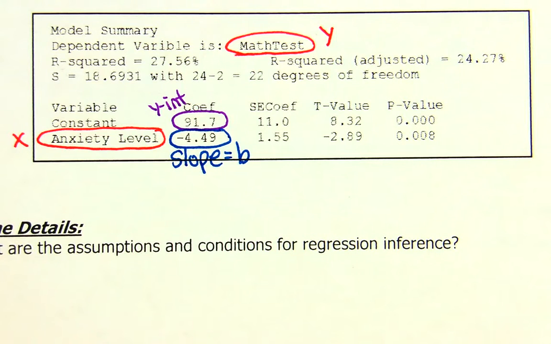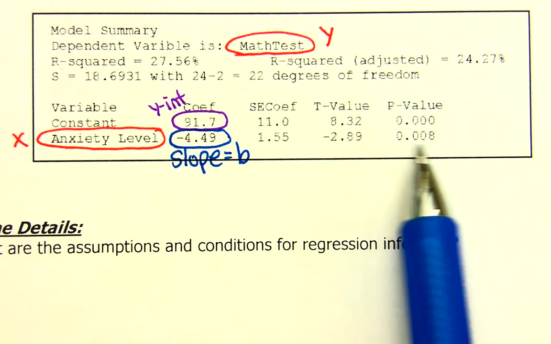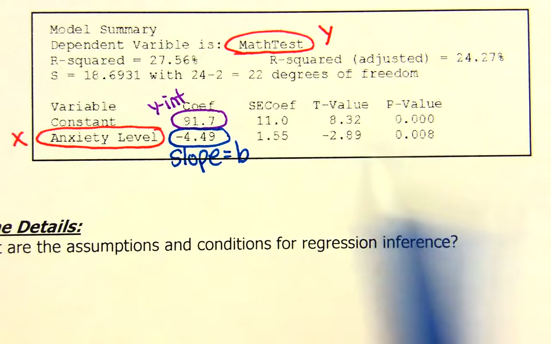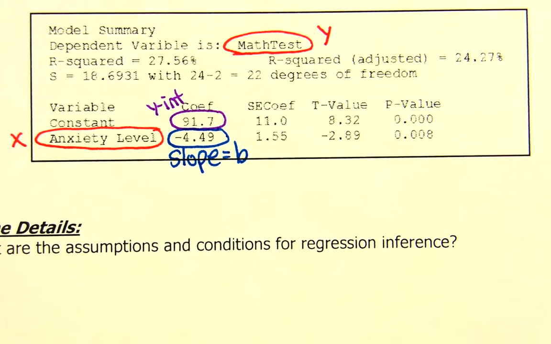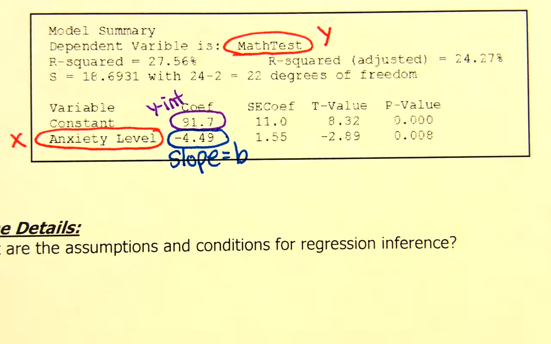Now, if you did the online activity yesterday, you were asked about this over here. So what do you think this means? We have a t value and we have a p value. Any ideas? Where else have we seen a t-test?